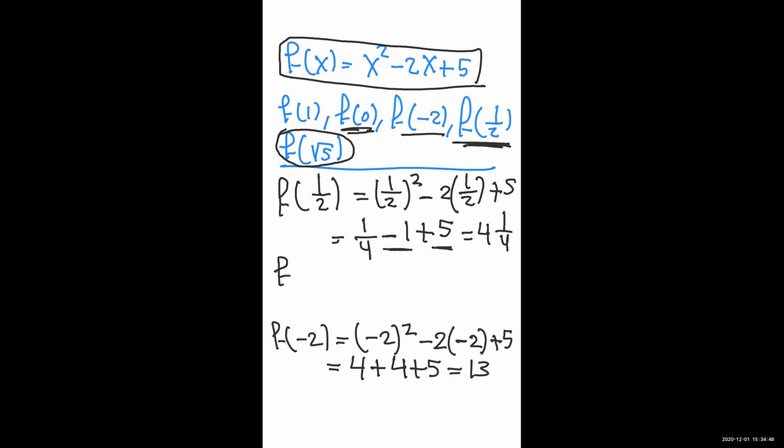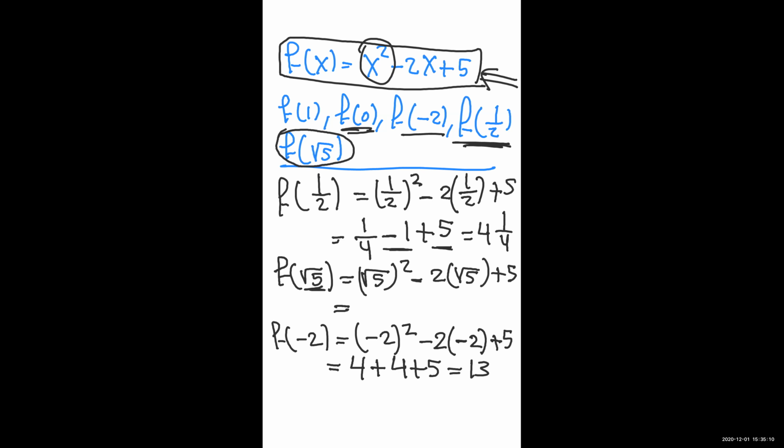Okay, so now the value of x equals the square root of 5. So where is the function? This one, f of x equals x squared. So square root of 5 squared, minus 2x, means 2 times the square root of 5, plus 5.